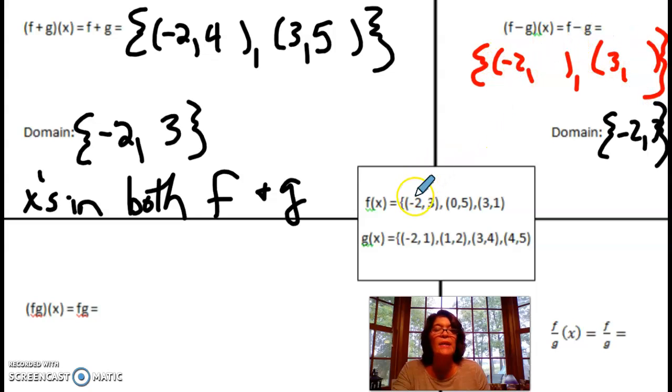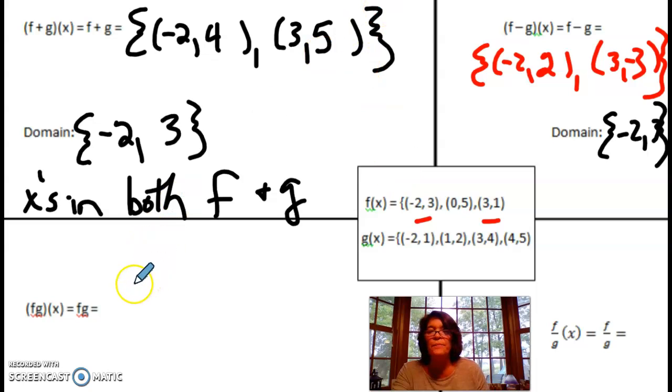I'm going to take F of -2 and subtract G of -2. It's F minus G. 3 minus 1 is 2. I'm going to take F of 3, which is 1, and subtract G of 3, which is 4. 1 minus 4 is -3.